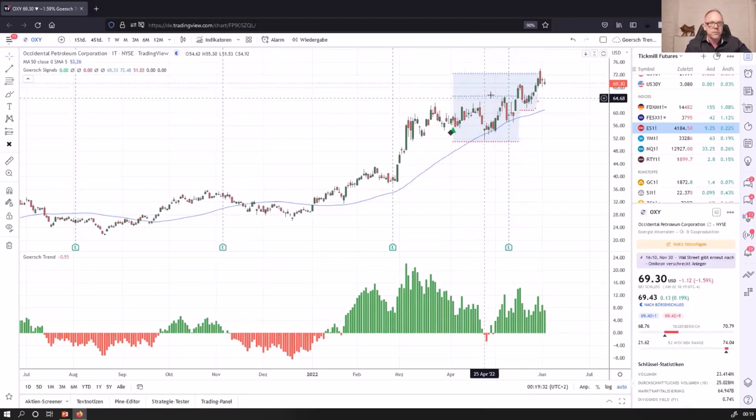If the first target is hit, the first half of the trade closes with a profit, and for the second half, the stop directly goes to the break-even level, so that you're not able to lose any money on this trade. You already earned with the first half and have the possibility to get the second half in the target range as well. This is what happened here 3 days ago with Occidental Petroleum.